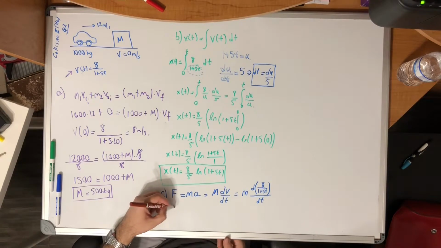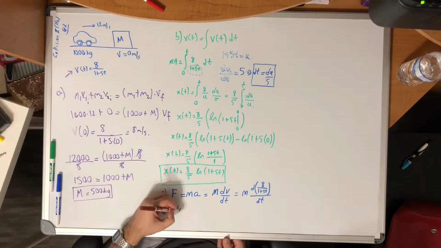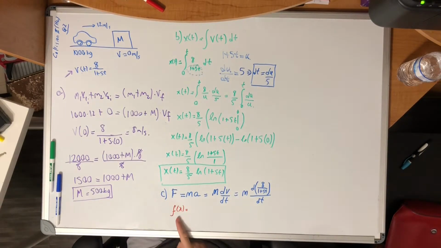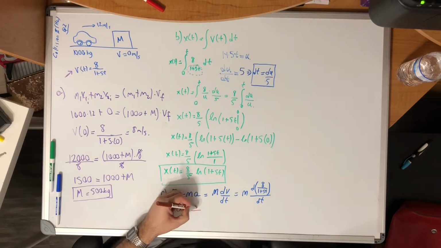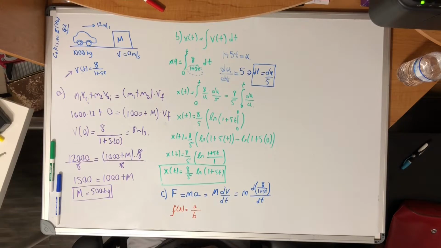Let's say you have f of x, as a function of x, and let's say you have a divided by b, and you are trying to take the derivative of f of x. Remember, this means you're taking the derivative of that function.